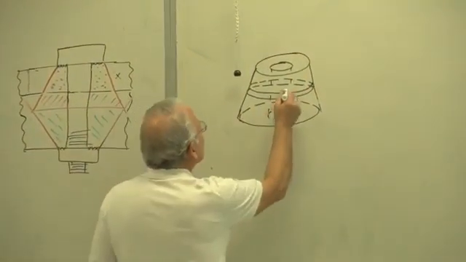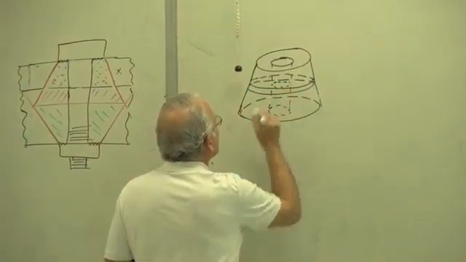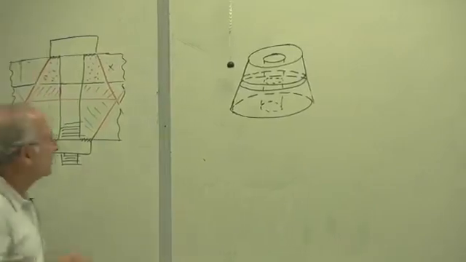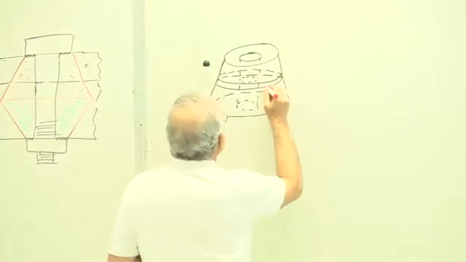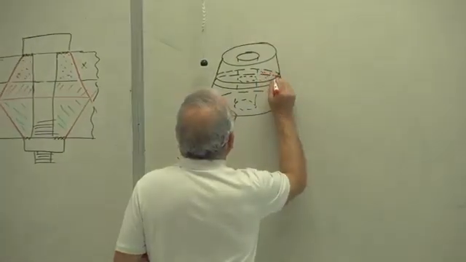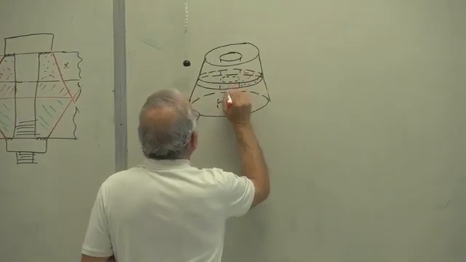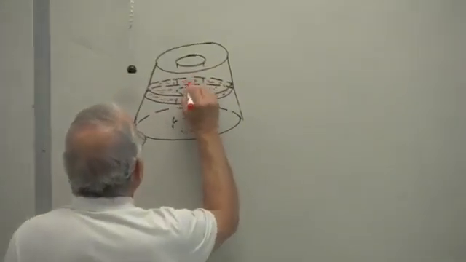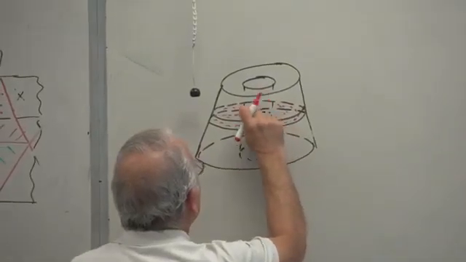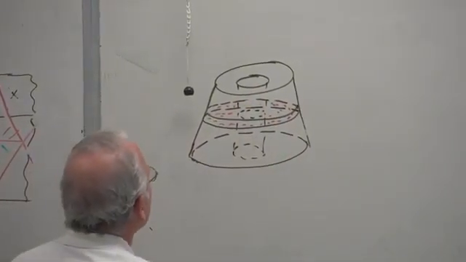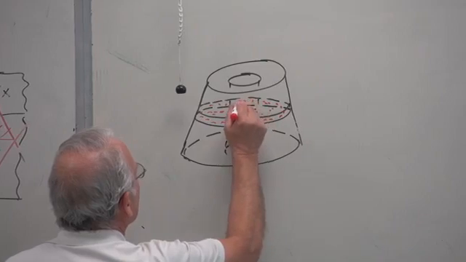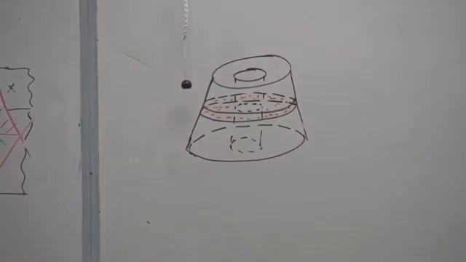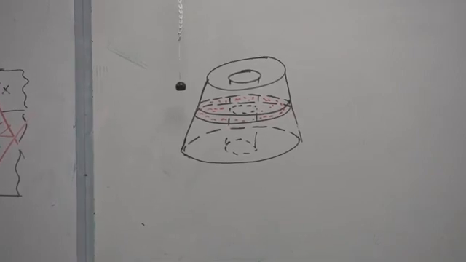So that small element is that. And I will color it a little bit. It's like a washer.